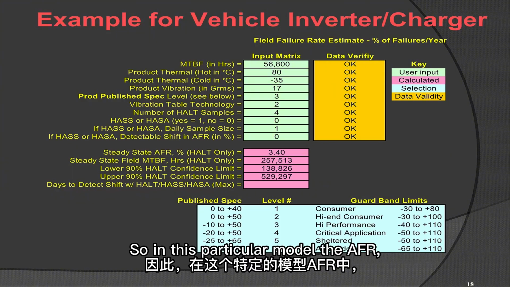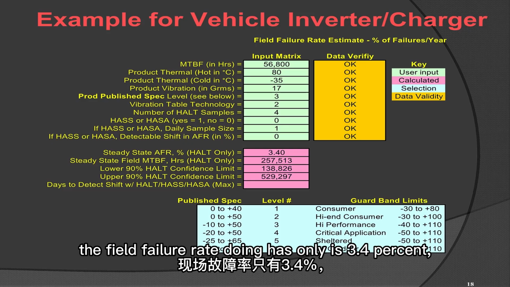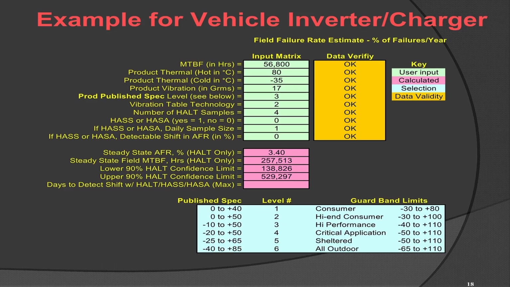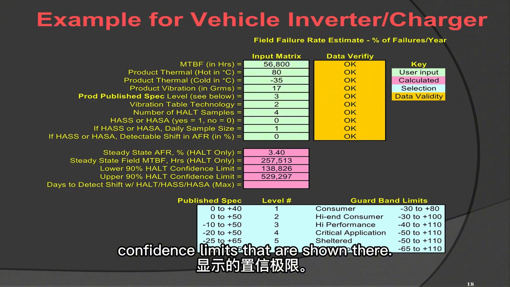So in this particular model, the AFR, the field failure rate, doing HALT only, is 3.4%. Its MTBF is 257,000, which is computed from the 3.4 with the upper and lower confidence limits that are shown there.